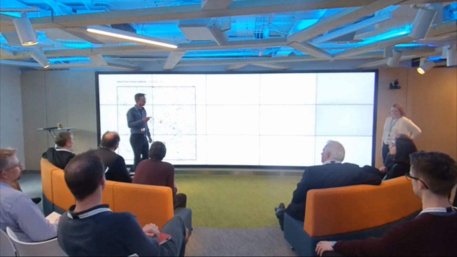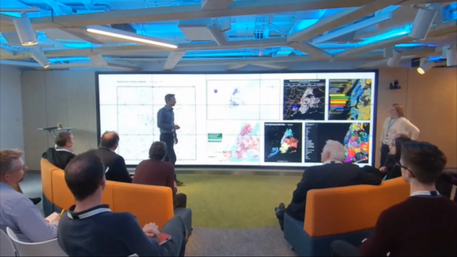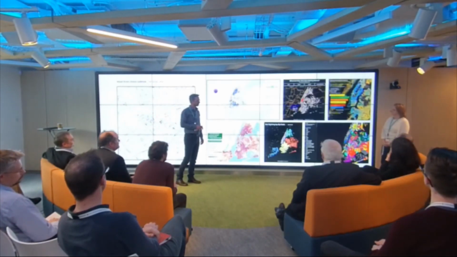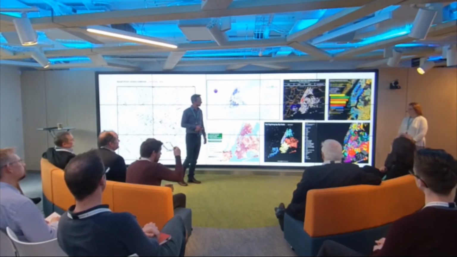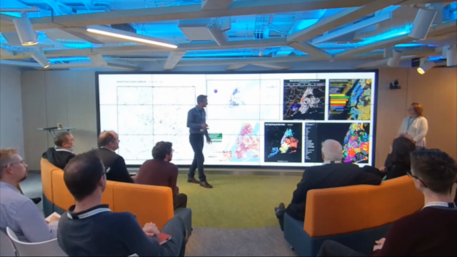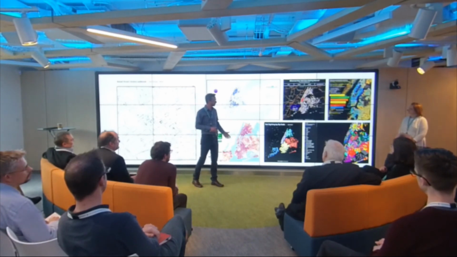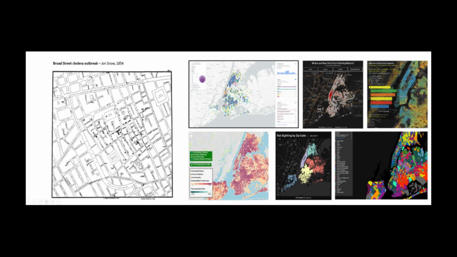Now, other cities are opening up their data sources like this. So New York's a great example of this. They're opening up the data sources and they're getting tremendous insights, not from their own analysis of it, but from the analysis that other people are doing. So you've got things like rat sightings by zip code, and then the most profitable parking meters in New York.